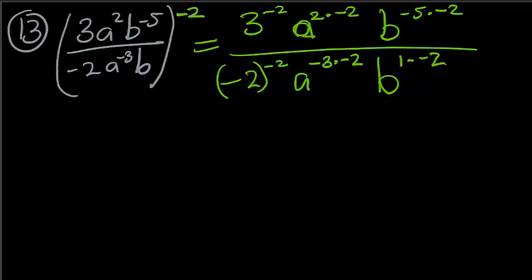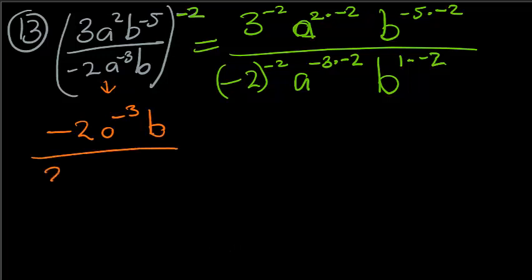Another way of writing the exact same thing would be, instead of writing everything out in the green, I am going to flip the fraction and make it a positive exponent. So instead of having 3 as a numerator, I'm going to have minus 2, a^-3, b as a numerator.